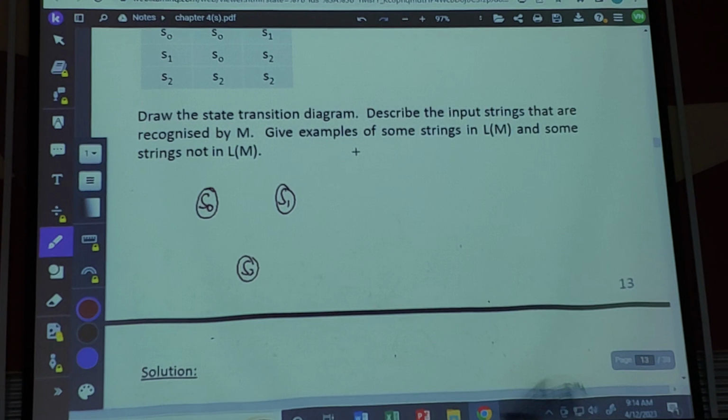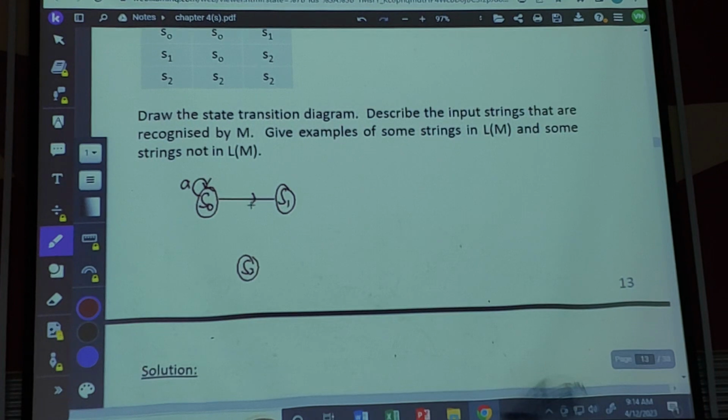So we have 3 states now, S0, S1, and S2. S0 after the input A will go back to S0. Then input B goes to S1. S1 you have 0, 2. And S2 is 2, 2.